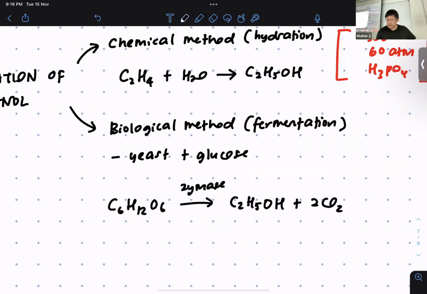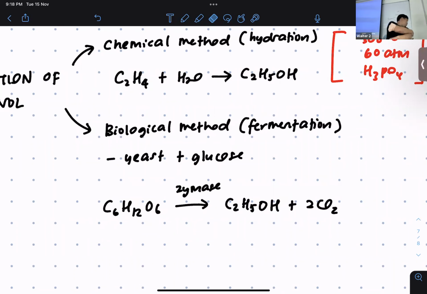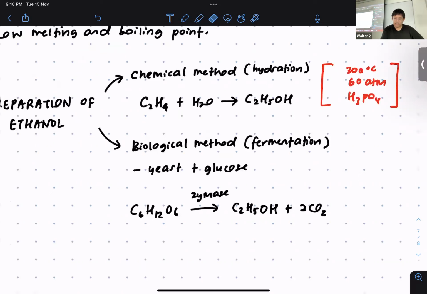So again, zymase is an enzyme that's responsible for it. Alcohol is soluble in water because it can form hydrogen bond with water.